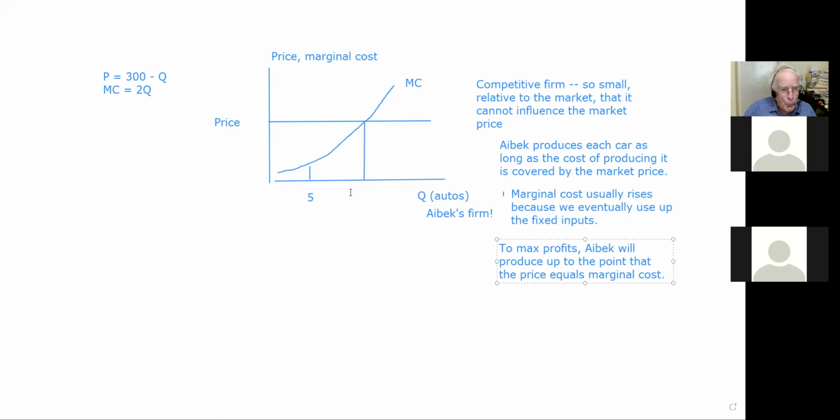In this case, for 100 automobiles, there is no point in producing any additional automobiles because the marginal cost is greater than the price received.